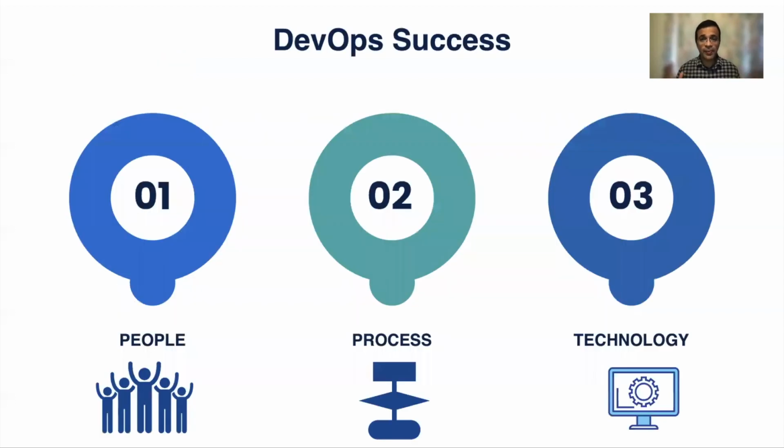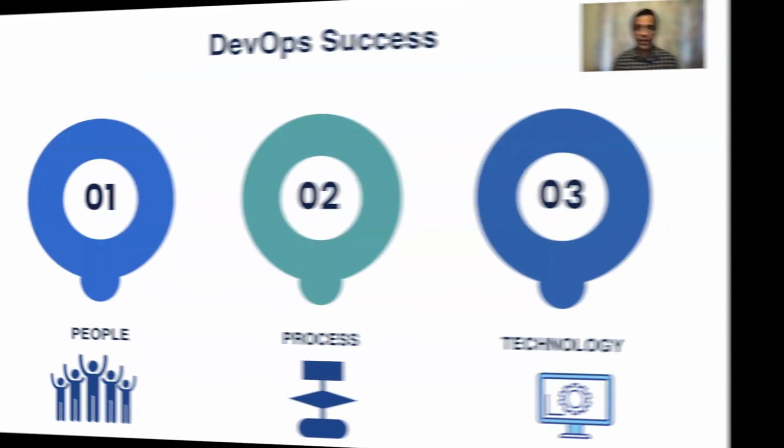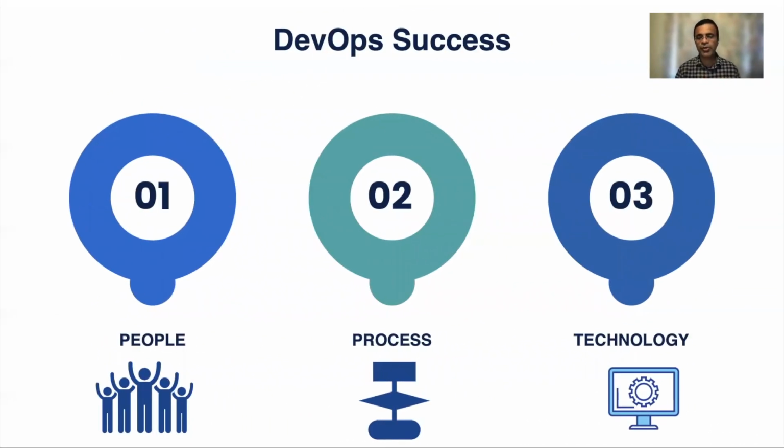Having said that, DevOps is not just about technology. You need to understand the people aspect, whether people understand the different life cycle and stages and the processes around it. Training and skill are also important aspects of people. The second is your process, how you have made the processes being followed by the team.